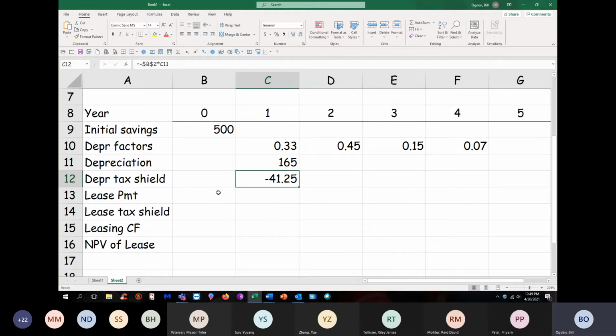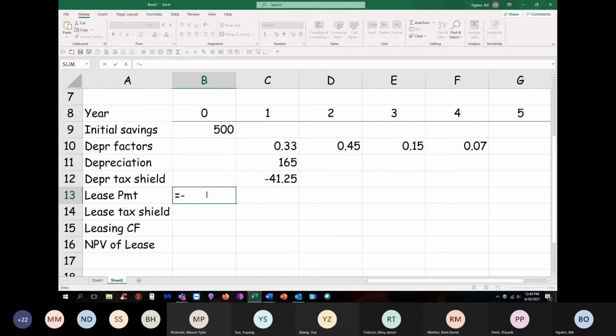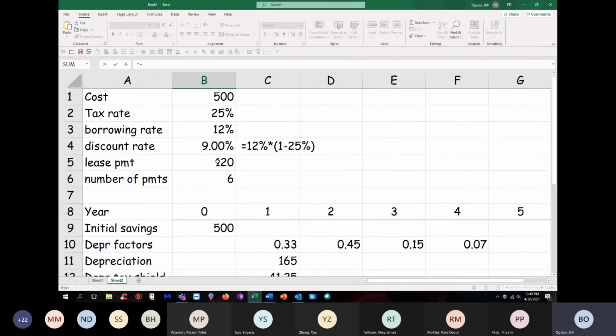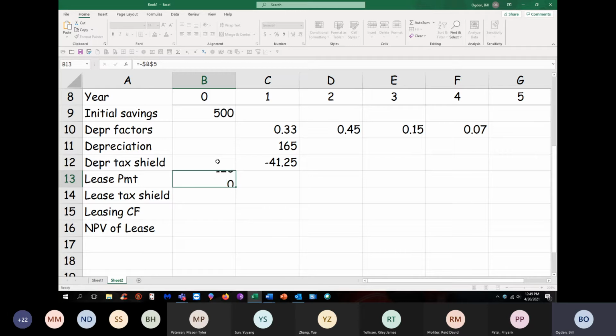Then let's enter our lease payments. Of course, those will be negative, and we will lock that. Again, the first payment is made immediately. The lease payment itself is tax deductible.